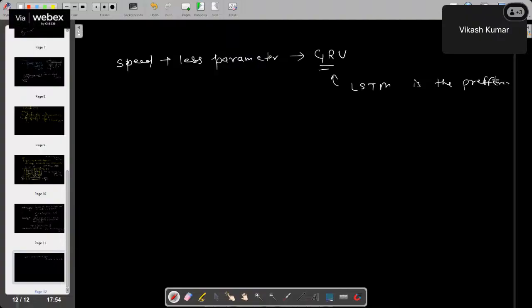But the thing is, even the LSTM or GRU still has some kind of problem. Can you tell me whether there is still some problem or not? Do we have a problem, or are we fine with these gated architectures?